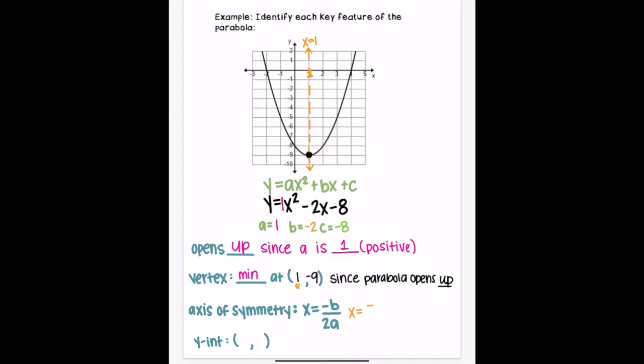So negative b over 2a means -2 over 2 times our a value. Negative of -2 is just a +2 over 2 times 1 is 2, and 2 over 2 is 1. So our axis of symmetry is x equals 1.